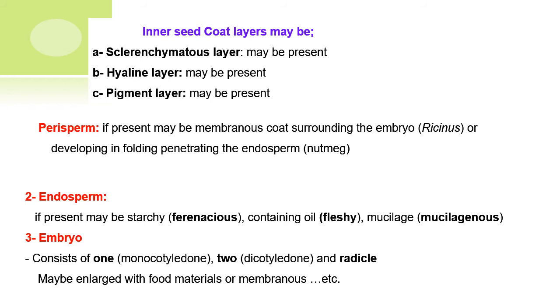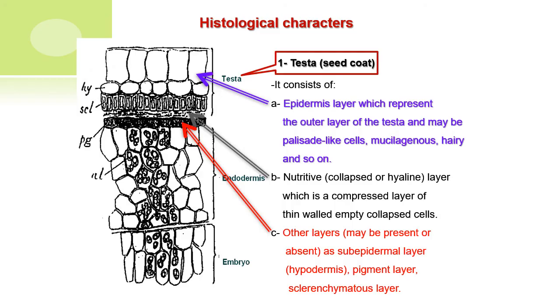We have different shapes of the embryo according to the arrangement or direction of the cotyledon and the radicle. This is a diagrammatic illustration of the seed coat layers. The epidermis is followed by the hypodermis, and some seeds are covered with cuticle, then large tabular cells, followed by parenchyma or collenchyma cells, sometimes sclerenchyma cells, lignified.